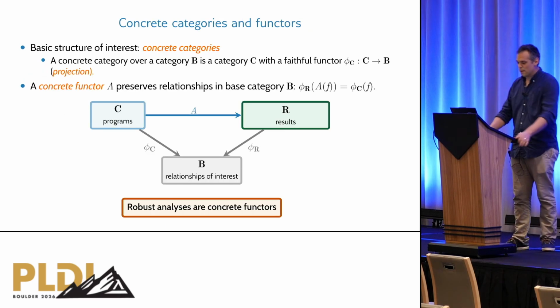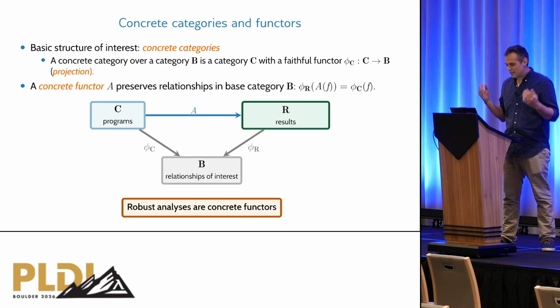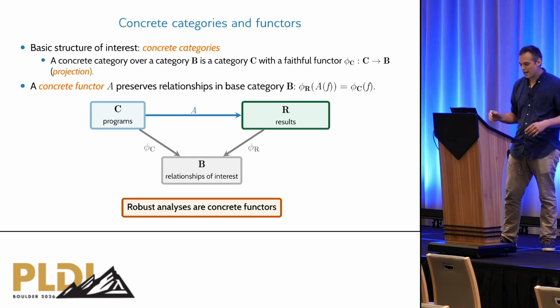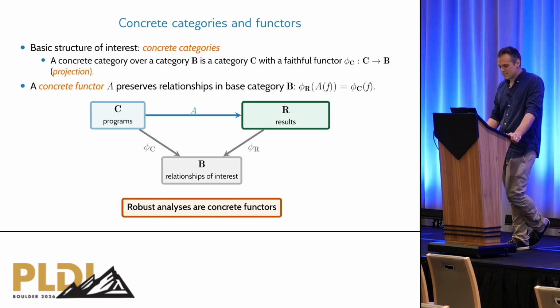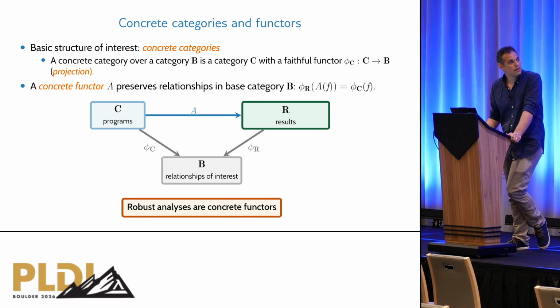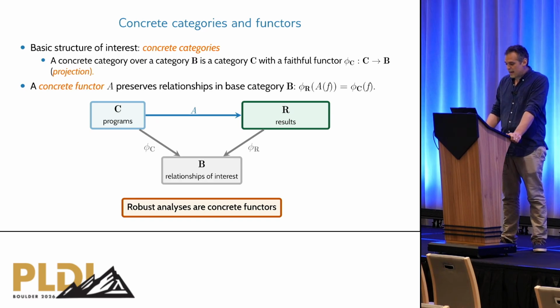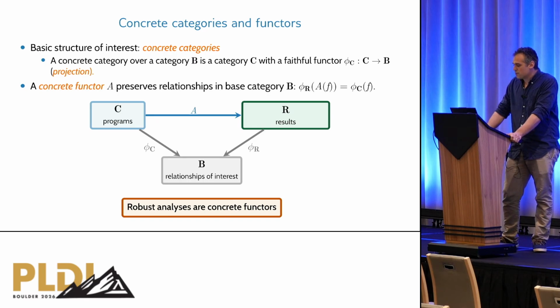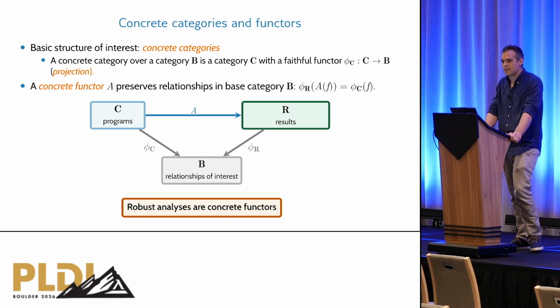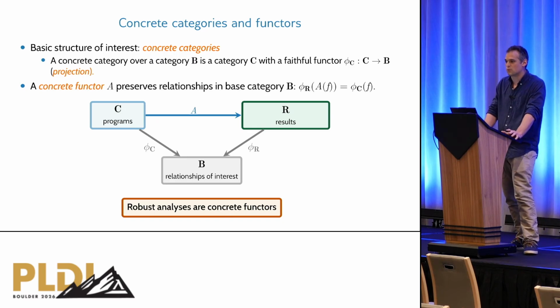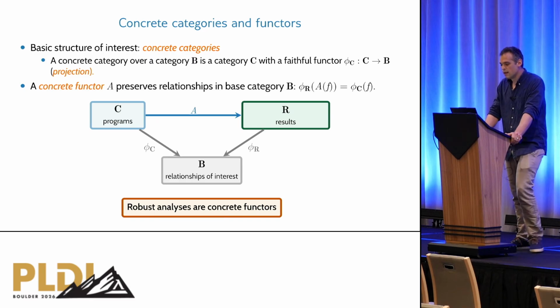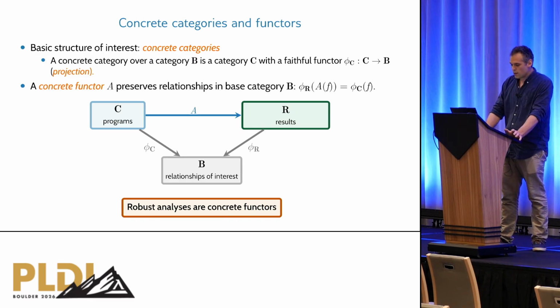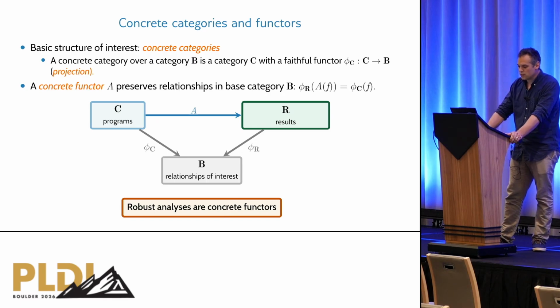All right. So now we can talk about this language of robustness. The basic structure of interest is a concrete category, which is a category C equipped with a faithful functor into a base category B, which we think of as the class of relationships or transformations of interest. And then the fundamental map of interest is a concrete functor.